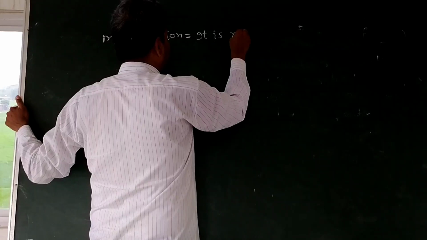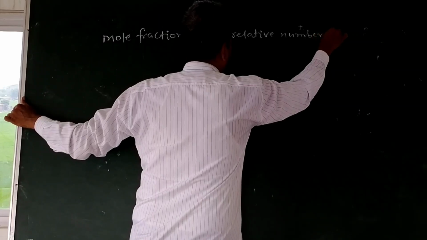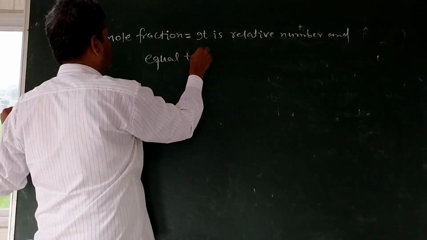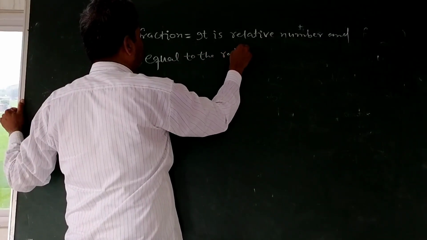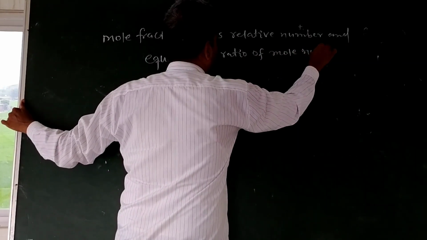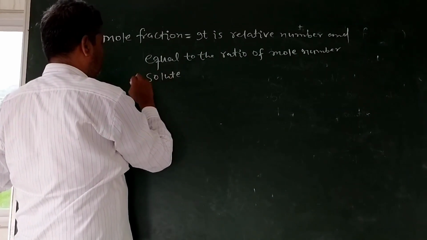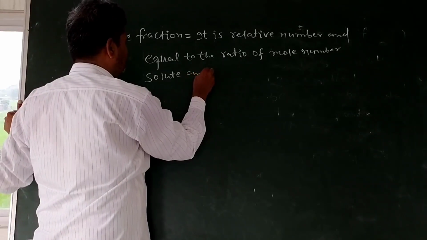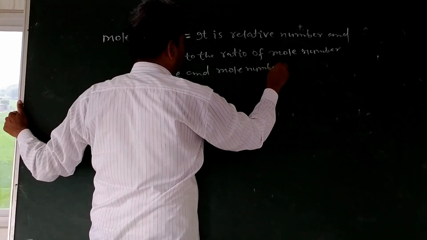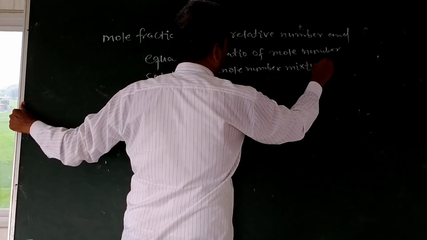It is a relative number and equal to the ratio of mole number of solute and mole number of mixture. Mixture means homogeneous mixture, that is solution.